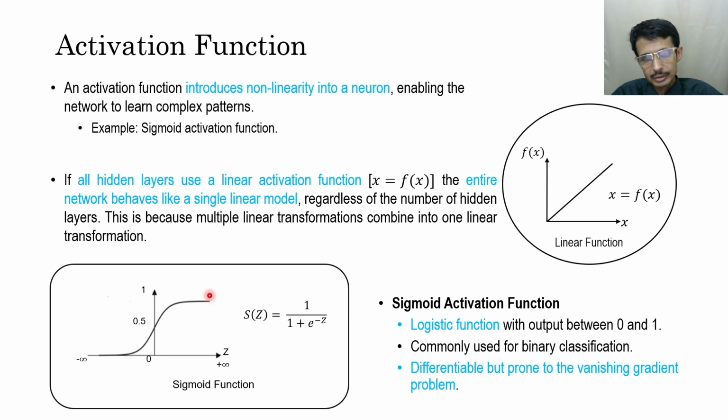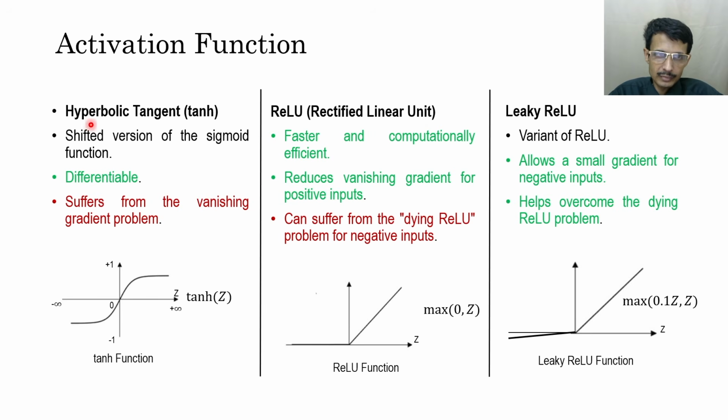For example, the sigmoid non-linearity, sometimes called the logistic function, has output between 0 and 1 and is commonly used for binary classification. It is differentiable but prone to vanishing gradient. So what about other activation functions? That is the hyperbolic tangent, called the tanh function. This is basically a shifted version of the sigmoid function.